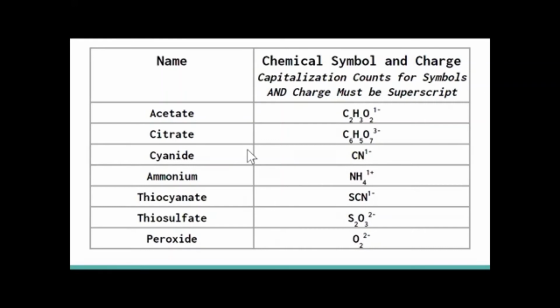Ammonium, NH4, 1 plus. Thiocyanate, SCN, 1 minus. Thiosulfate, S2O3, 2 minus. Peroxide, O2, 2 minus.